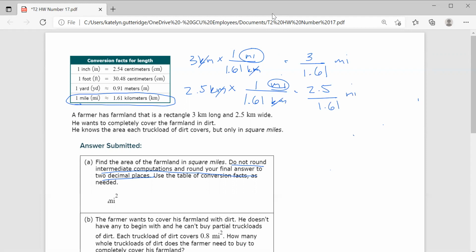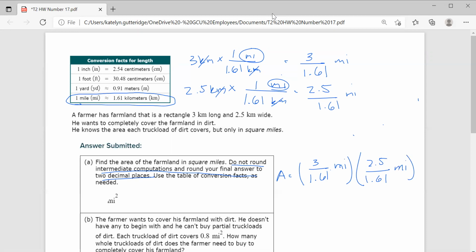So this is our part A. We want to calculate the area. The area of a rectangle is length times width, so we will take those two fractions we just found and multiply them together. At this point, you can break out your calculator.